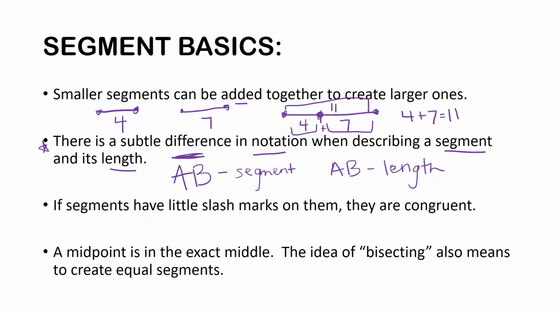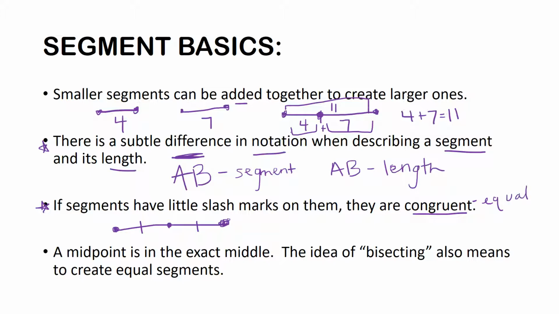The next thing we should talk about is noticing slash marks on a segment. If I have a segment, I'm sorry, my lines are not very straight. Okay, here's my segment. If I have a slash mark here and a slash mark here, this theorem tells me that they are congruent. Now remember, congruent is just another word for equal.